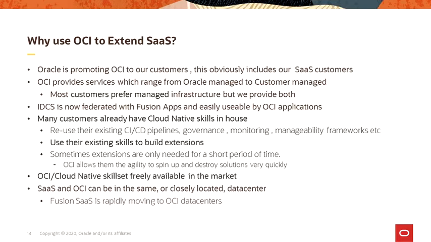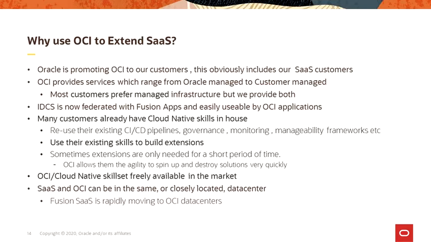OCI provides services that range from Oracle managed, where you literally just deploy your declarative code, Oracle Integration Cloud being a very good example of that, to customer managed, right to the extreme of, here is a VM, do what you want with it, set up your routes, your load balancers, your security lists, whatever it may be.